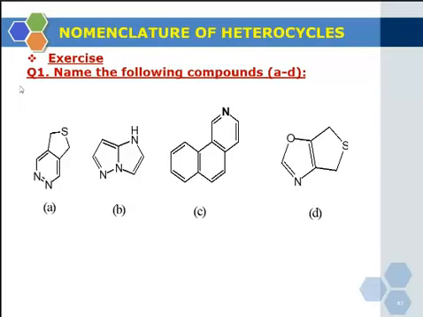In the next class, I will ask you the names of these compounds. Okay. You just try to find out the name of this compound based on the rules that we have studied till now.